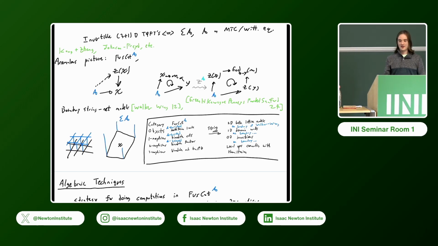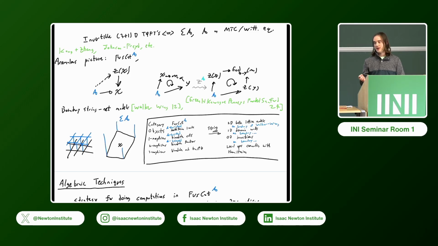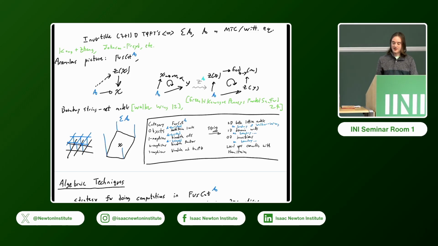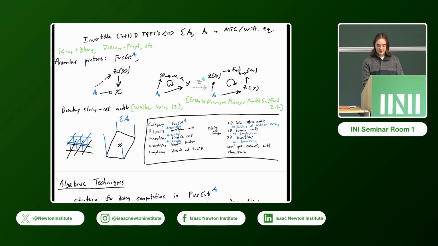I believe some examples of this were given in Walker and Wang's original paper, and some of the theory and details were further developed in my joint work with Green, Kawagoe, Penneys, Plavnik, and Sanford last year. And in that whole table, I just stick a bunch of A's everywhere and say on the boundary of Walker-Wang on the right side, and everything that I tell you about anomaly-free StringNet models works perfectly for the anomalous ones for the whole rest of the talk. So if you're somebody who cares about such things, that's nice, I guess.